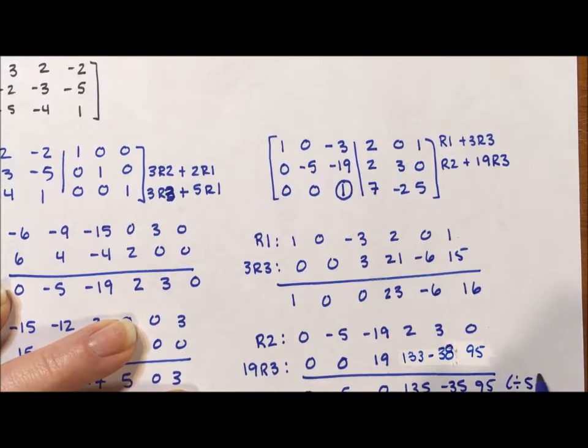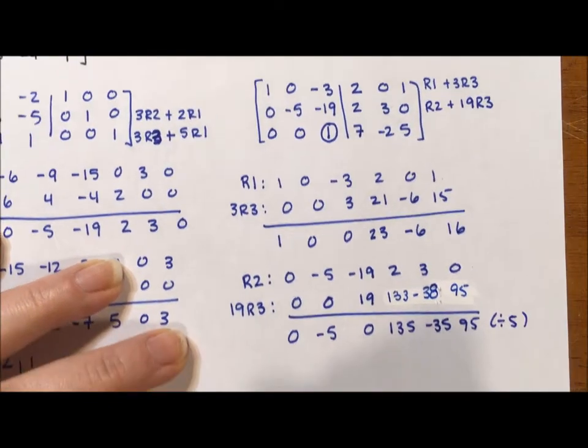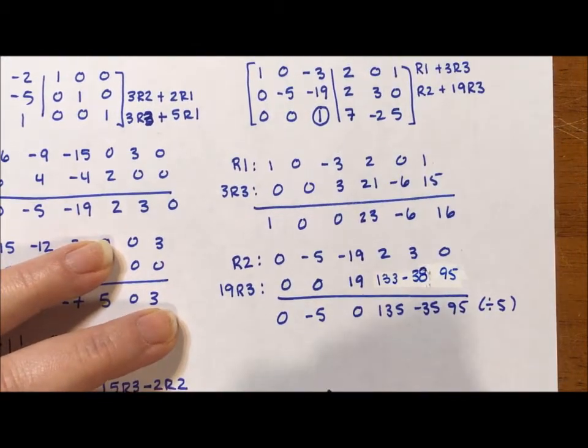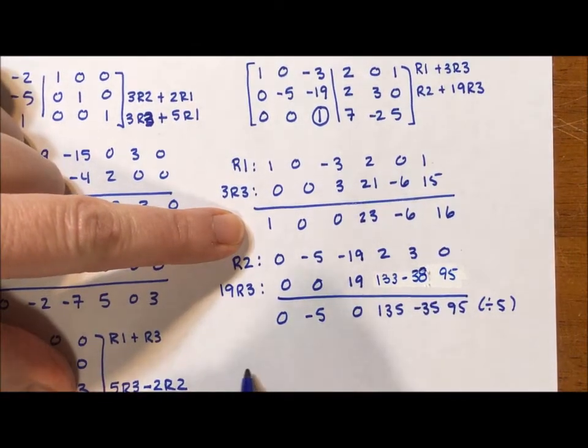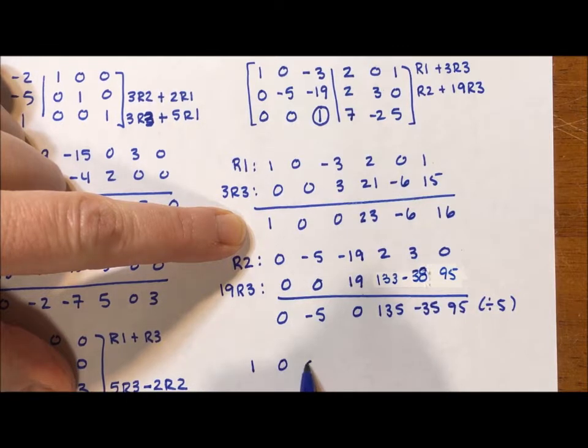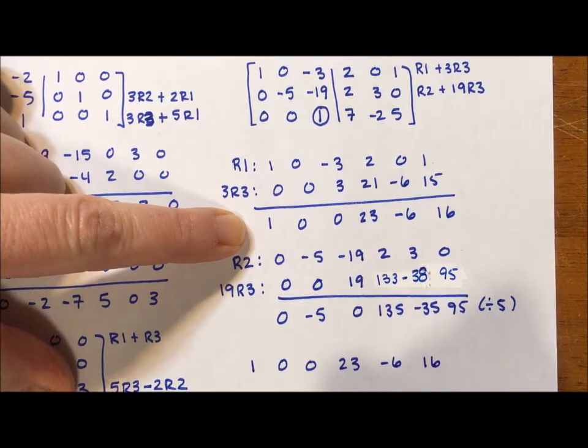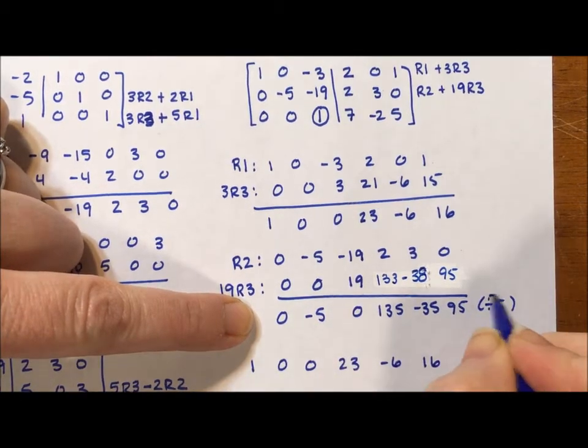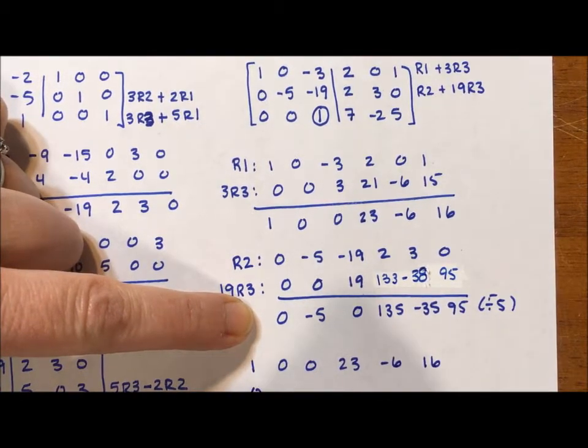Divide everything by 5. So I end up with my first row is 1, 0, 0, 23, negative 6, 16. My second row after I divide by negative 5 is 0, 1, 0, negative 27, 7, negative 19.